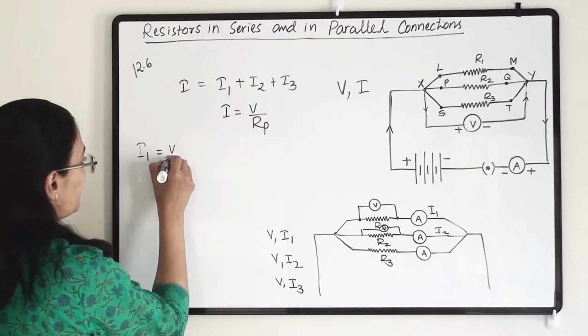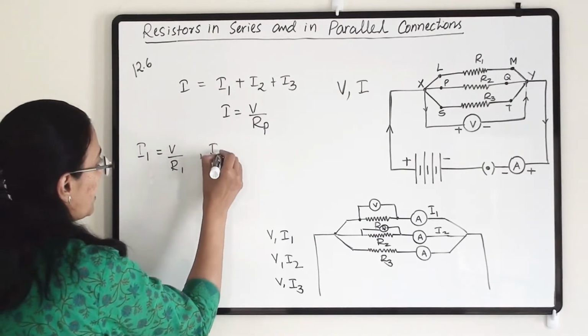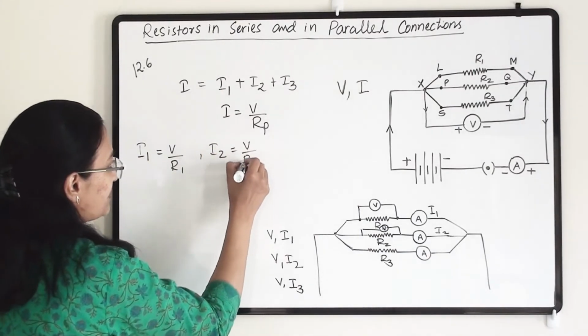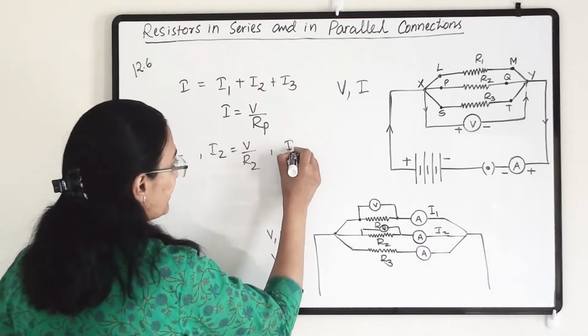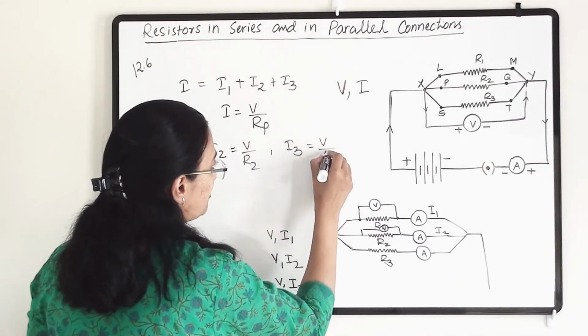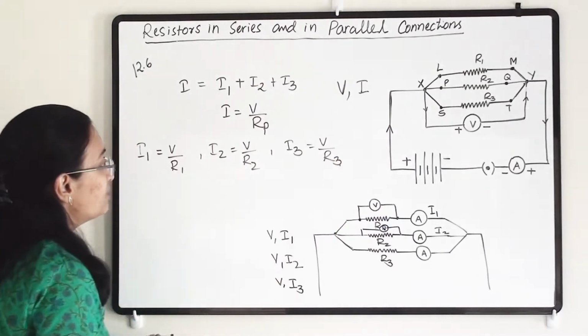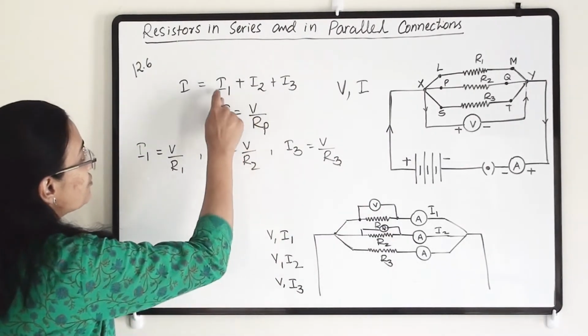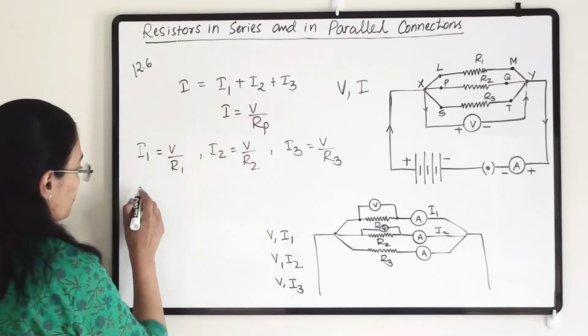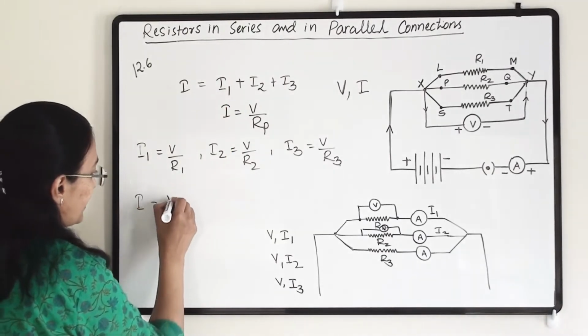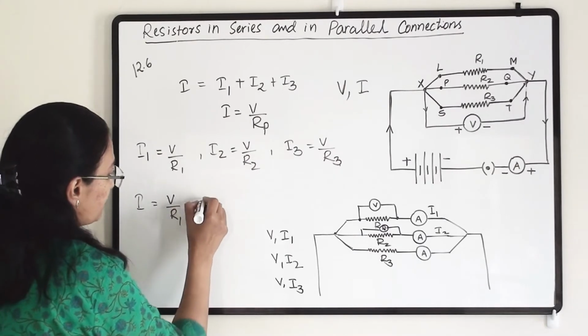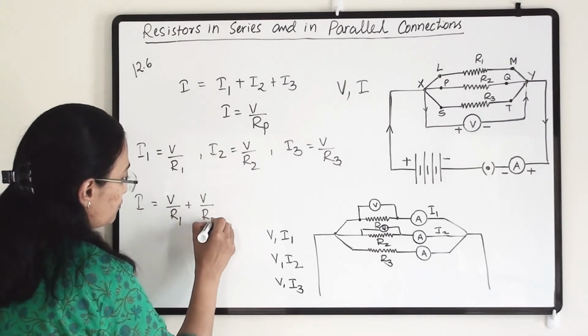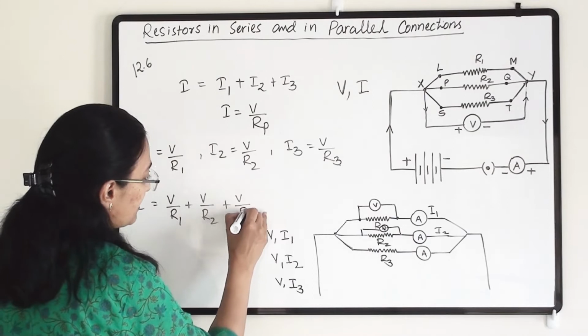I1 equals V divided by R1, I2 equals V divided by R2, and I3 equals V divided by R3. Now we substitute the values of I1, I2 and I3 in the first equation. So I equals V by R1 plus V by R2 plus V by R3.